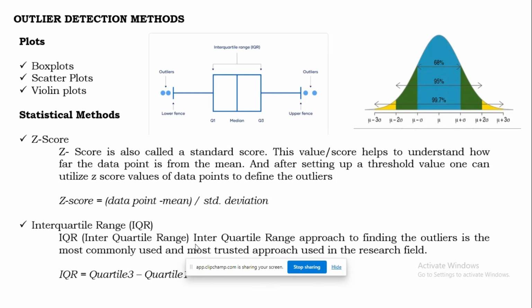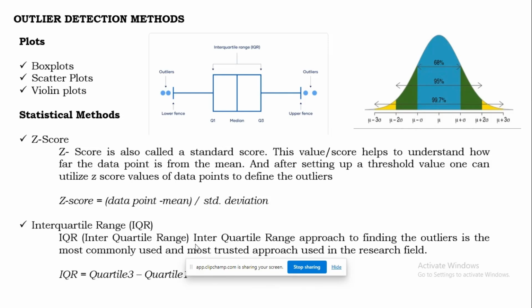Now, the second way we can identify outliers in our dataset is through statistical methods, which is the main focus of today's video. One is the Z-score and two is the interquartile range or IQR. Z-score is also called a standard score.